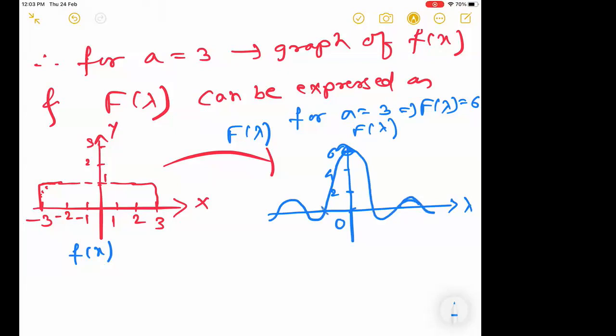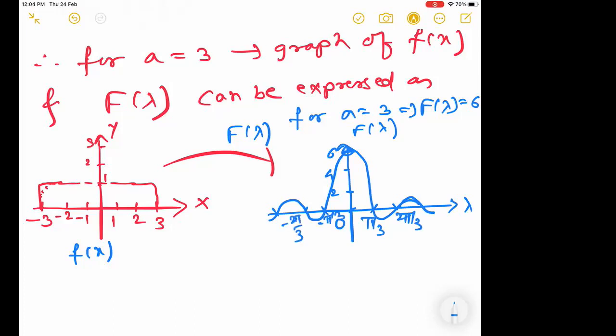So what are these points? Just identify where it is cutting the lambda axis. So first is 0, then it can be pi by 3, then 2 pi by 3. This is minus pi by 3, this is minus 2 pi by 3, and so on.